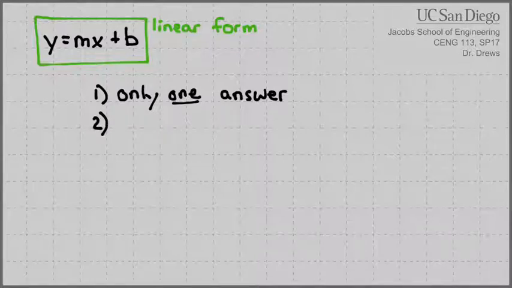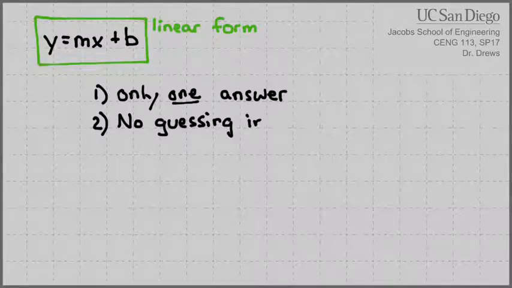Part of the reason why there is only one answer is because there is no guessing involved. If you have a set of data and you have an equation, you dump it into a certain set of statistical analysis tools, you crank the wheel, and you always end up with the same answer.